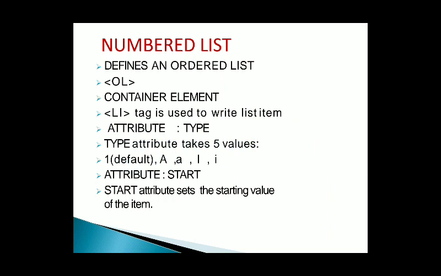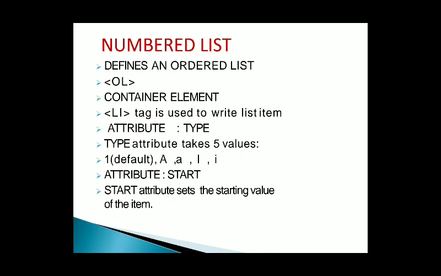Or you can specify the type attribute value as capital A, small a, then capital I. Capital I will display the list with Roman numbers, and small i with small Roman numbers.